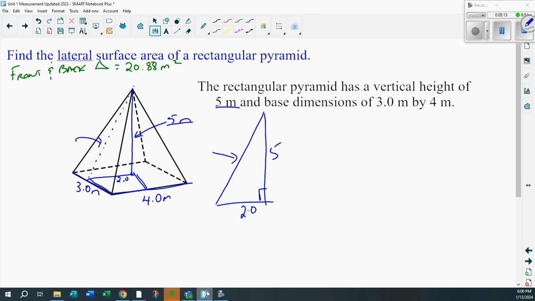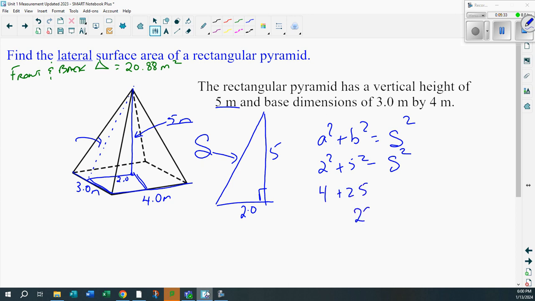Okay, a squared plus b squared equals c squared, and in this case it equals the slant height squared. Ready? So 2 squared plus 5 squared equals our slant height squared. So I know that this is 4 plus 25, which is 29. Square root of 29, whatever that is.